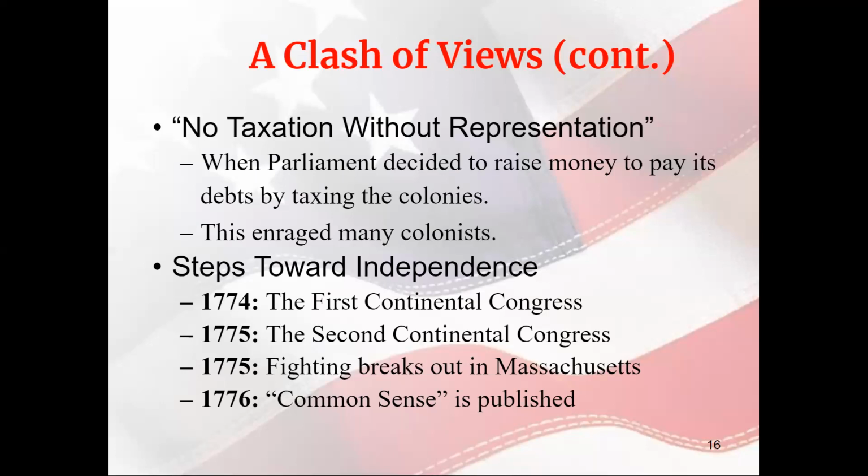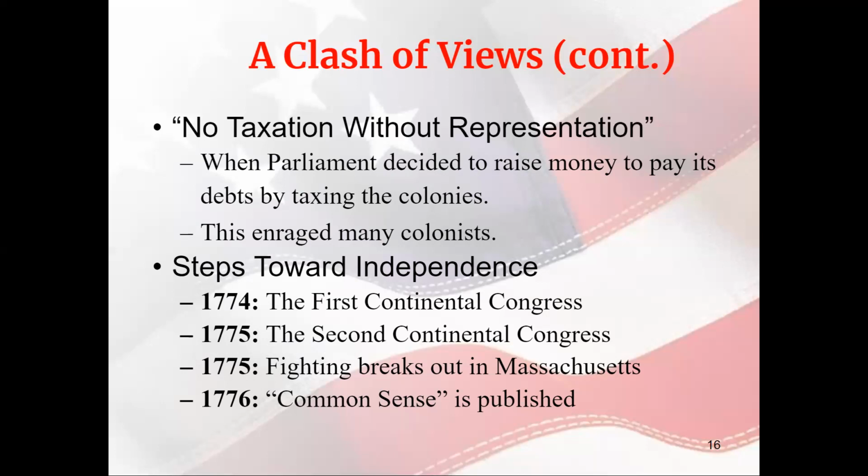Then we move forward. We have a few steps toward this need, this want for independence. So in 1774, we have the first Continental Congress.